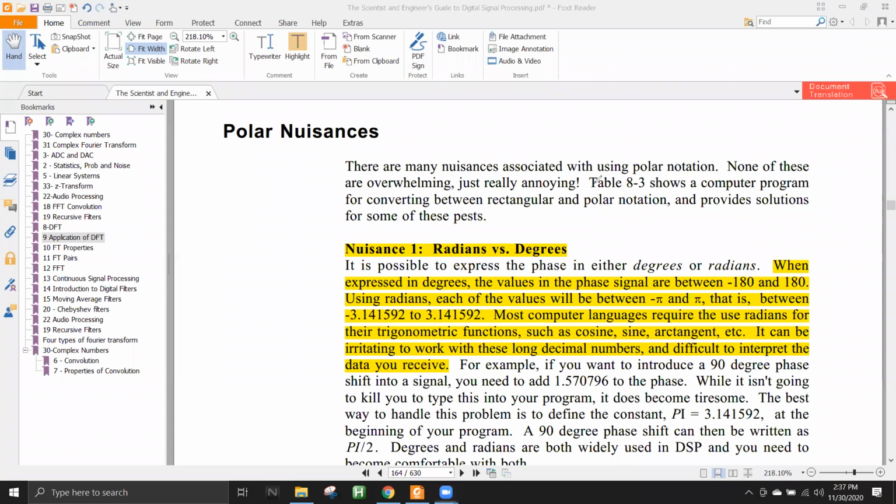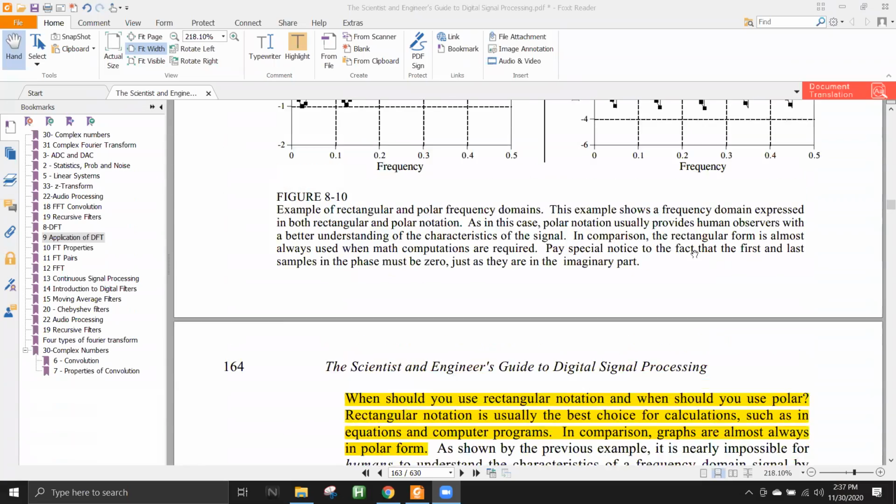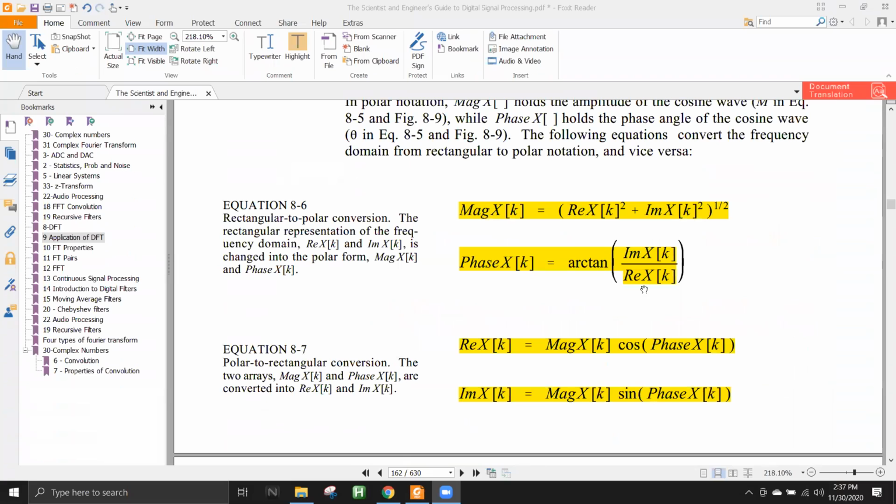So in all library implementations of trigonometric functions, sine, cos, all these functions use radians instead of degrees. It is important to remember this when you're using any of these functions. For example, if you are converting from rectangular notation to polar notation using arctan, you'll have to handle this.